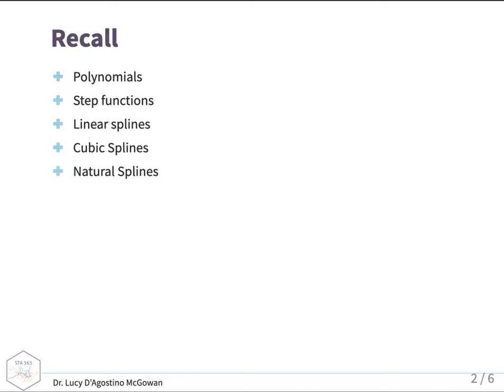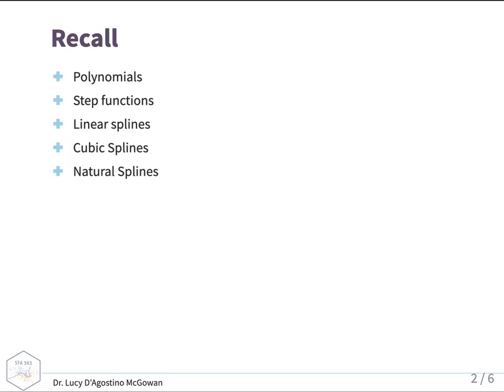But they have some extra restraints which make them good, especially for things like prediction models. These restraints include that in the tails, where polynomials can often get a little funky, natural splines require that you're linear in those tails. And so that fixes that potential problem of polynomials.